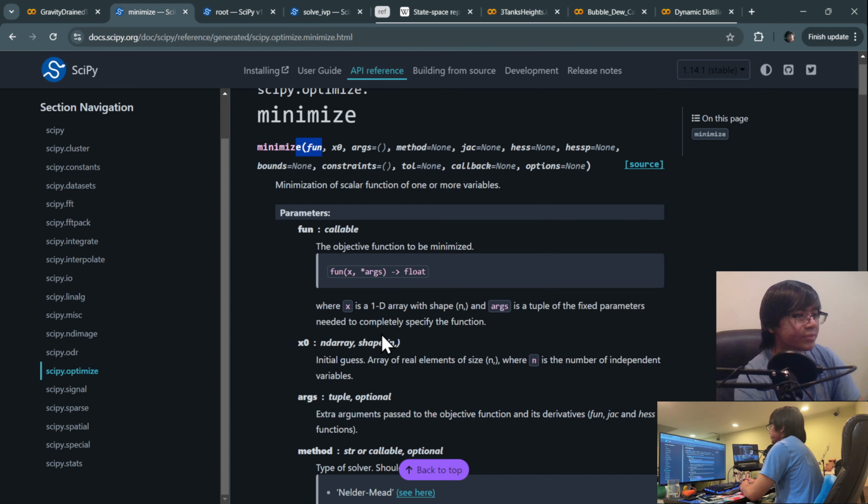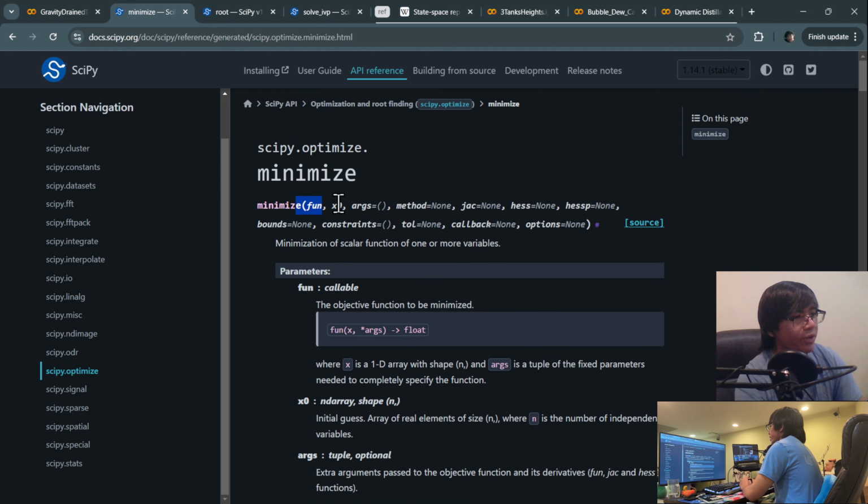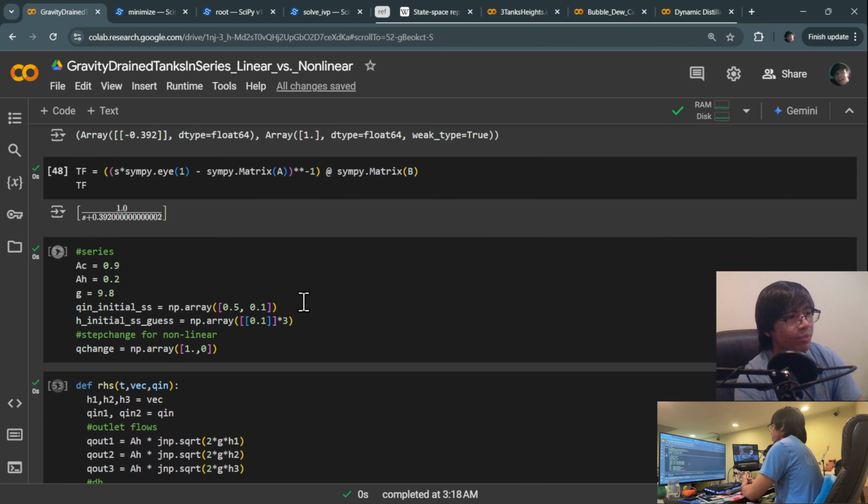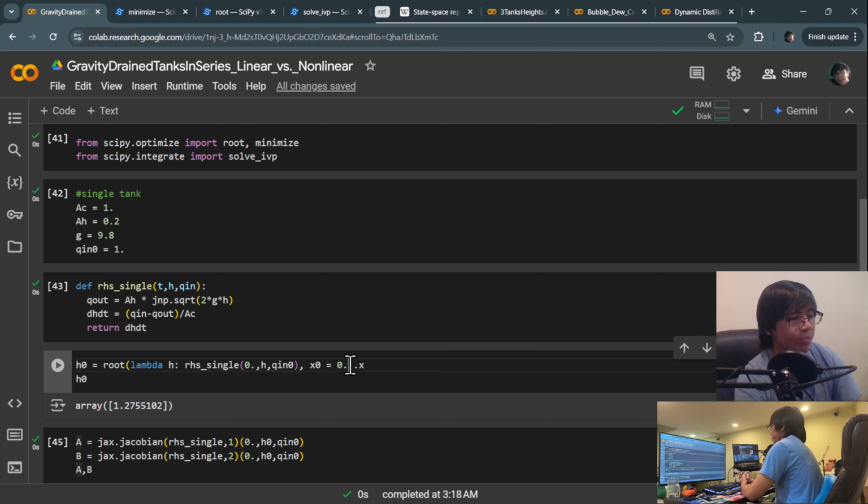Okay. But anyway, with minimize we have to have a function we're minimizing, which in our case we don't. So we'll use our dummy function, our anonymous function lambda, and essentially just set that to 0. But what we're interested in is these bounds and constraints. Notice that earlier in our single tank, if I put in a negative number, our root solver failed.